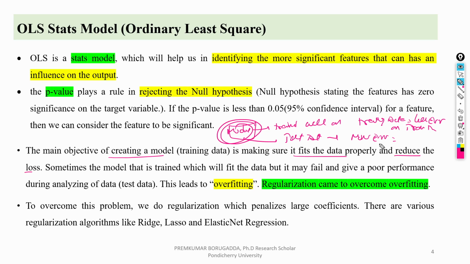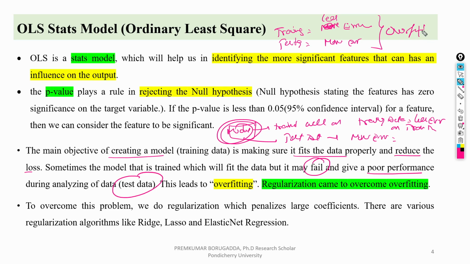During testing the model fails and gives poor performance. So while training we get less error, while testing we get more error. This kind of situation is called overfitting.